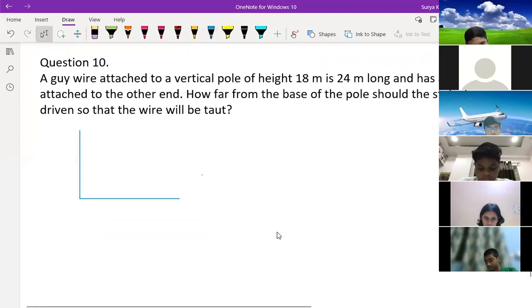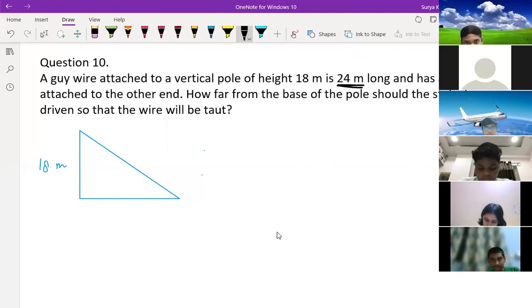So this is 18 meters, and a guy wire, vertical pole is height 18 meter and 24 meter long, and has a stake attached to the other end. I made a mistake. Where is 24 came? What is 24 here actually?